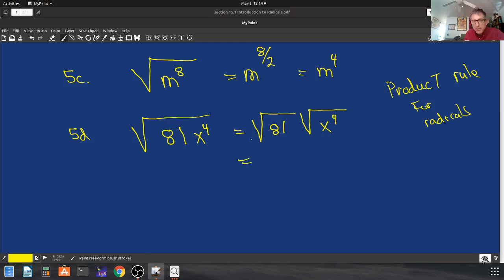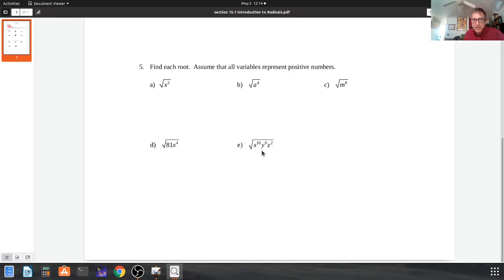So we know that the positive square root of 81 is 9, and that the square root of x to the 4th power is x to the 4 divided by 2. So it's 9x squared. Notice what we're doing. The end result, the radical signs have been removed. Failure to remove these radical signs for your end result, when you can indeed remove them, is a common error in this section.